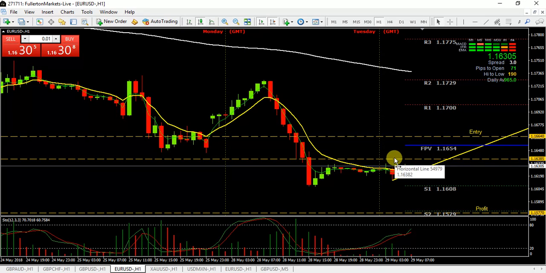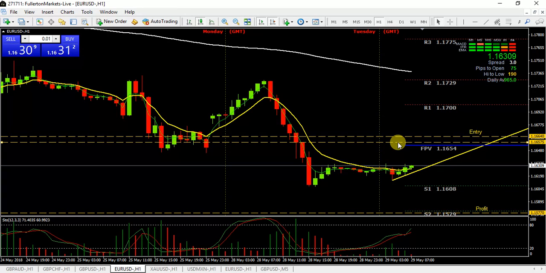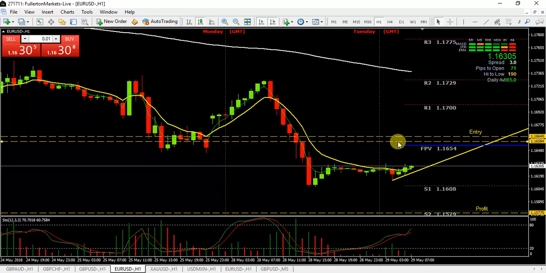A better place would probably be to put it right above the previous resistance line, which would be the pivot point for today. And you don't want to put it right on the line, because remember that's just a zone. You need to have a little bit of a buffer area. Put it a few pips above.